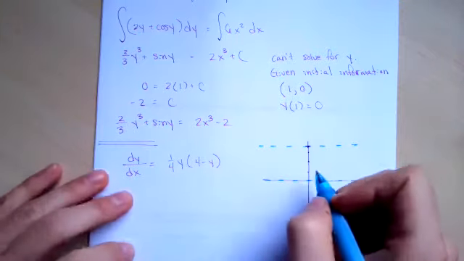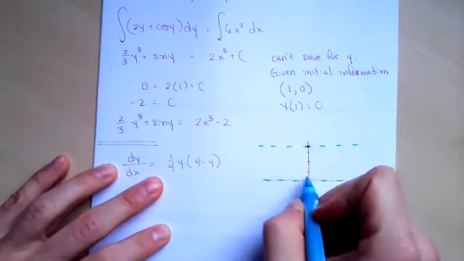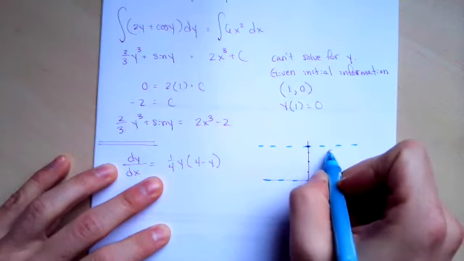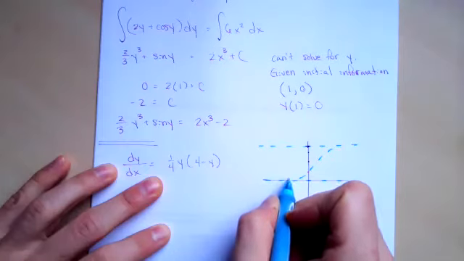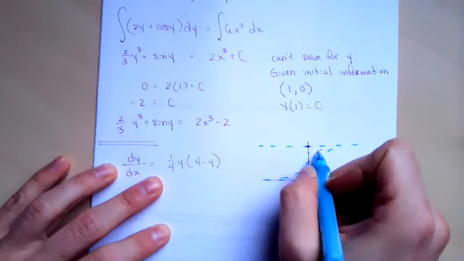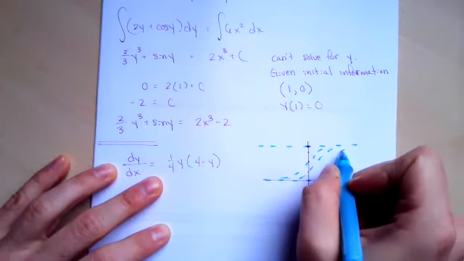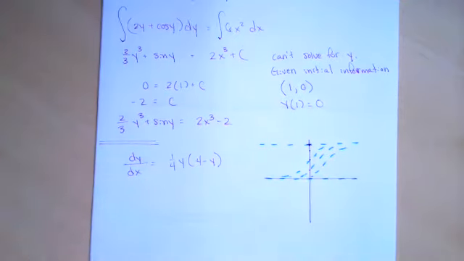And then the curves in between, you could pick a few points, but I think they were kind of asymptotic. So they looked something like this. That was our vector field.